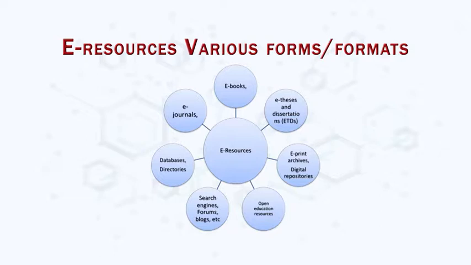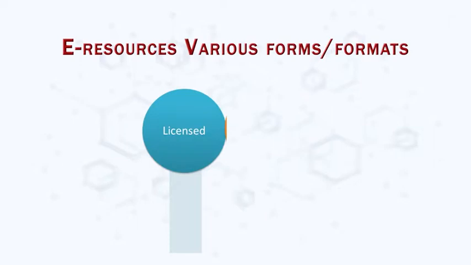We talk about databases and directories, and e-journals. There are a myriad of these resources, and so far as procurement or access is concerned, we can categorize most of them in two forms: one is licensed, purchased through license, and second is open access resources.